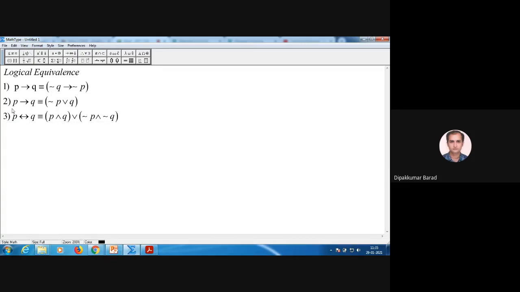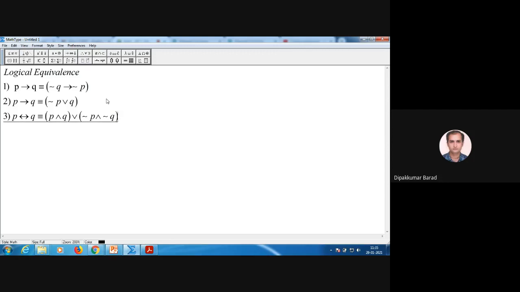In a similar manner, P implies Q if and only if not P or Q also gives you a tautology, and P if and only if Q, equivalent to P and Q or not P and not Q, gives you a tautology. Or you can say that in the truth table, for P if and only if Q and for P and Q or not P and not Q, you get the same column. For P implies Q and for not P or Q you get the same column.